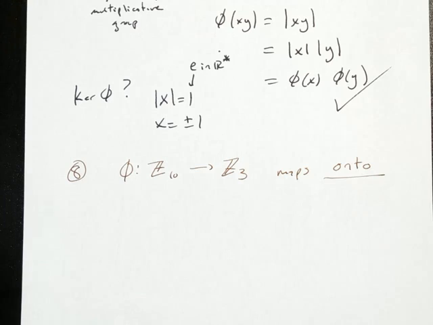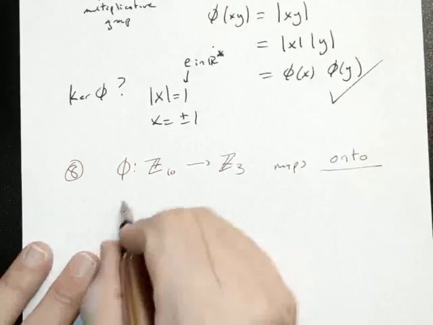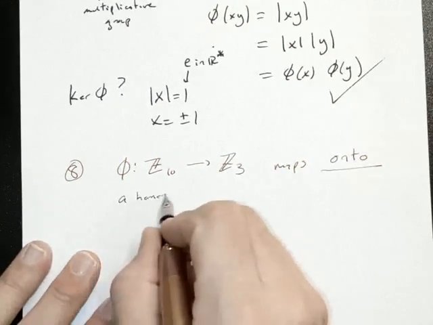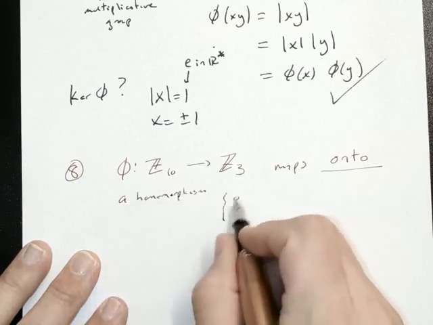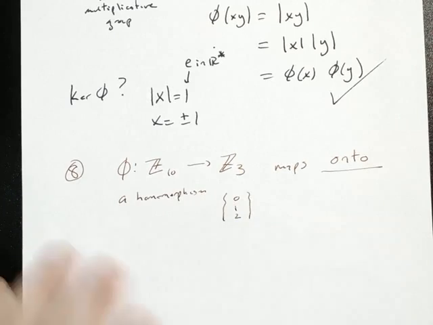Is there a homomorphism that maps onto? That's Z3, right? If I do the homomorphism property, onto means I have to get each of those 3 elements.